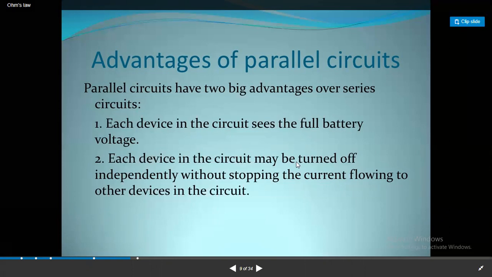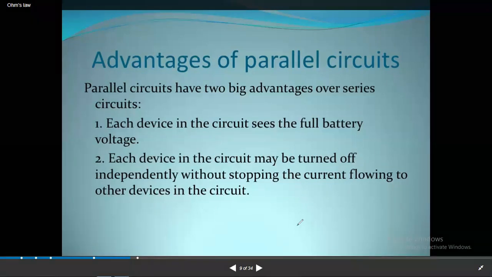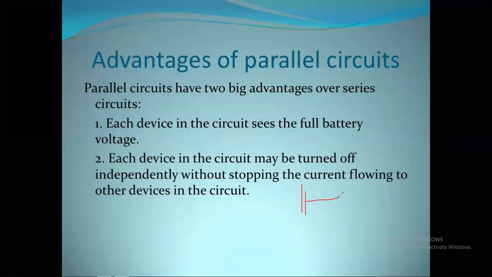Each device in the circuit may be turned off independently without stopping the current flow of the other device in the circuit. Let's draw a small diagram and try to understand that. This is a cell, and these are the two resistors, R1 and R2.